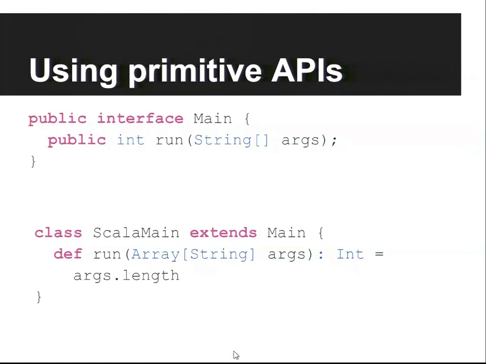Same with primitives. If I define run to return an int, it's a scala.Int. Scala tries to preserve primitives as often as possible. If I pass a java.lang.Integer in Scala, I'd literally have to write java.lang.Integer. It is not a scala.Int. Even though Scala boxes and unboxes, if you use primitives in Java, they will show up as classes in Scala because Scala only has classes. Yeah?